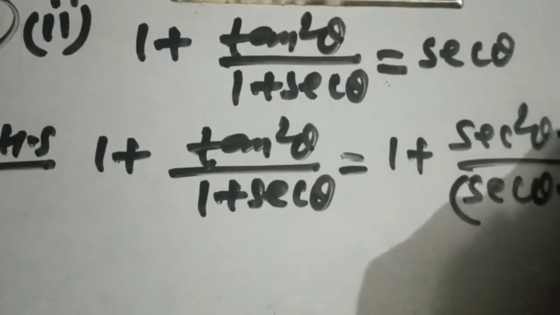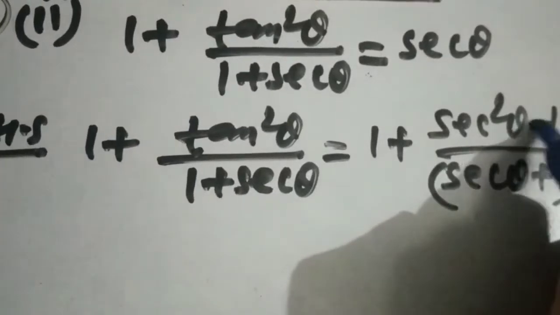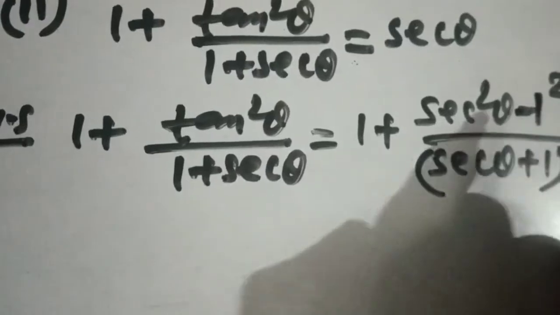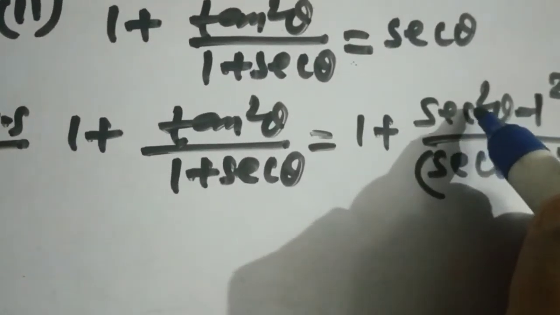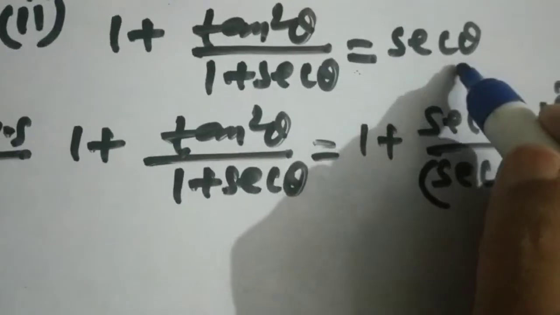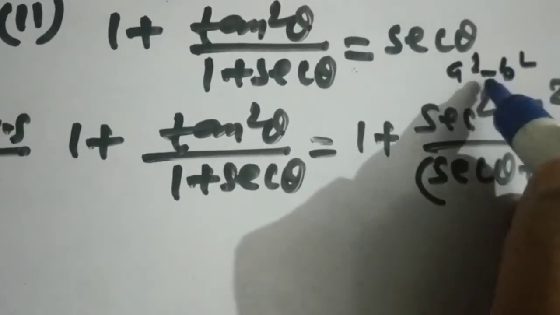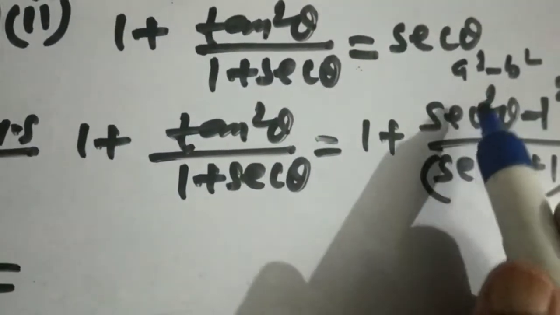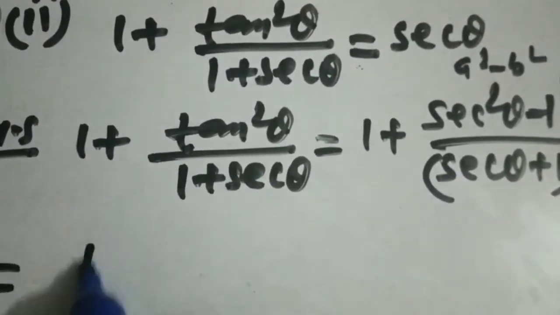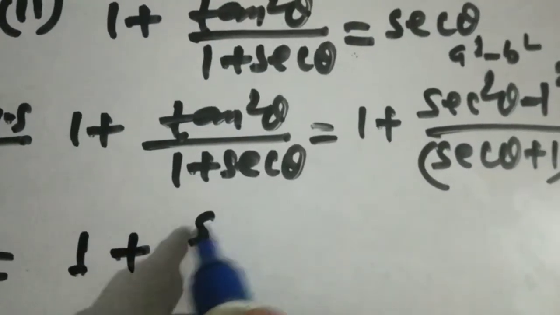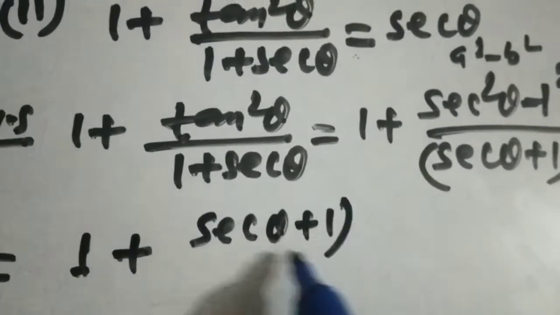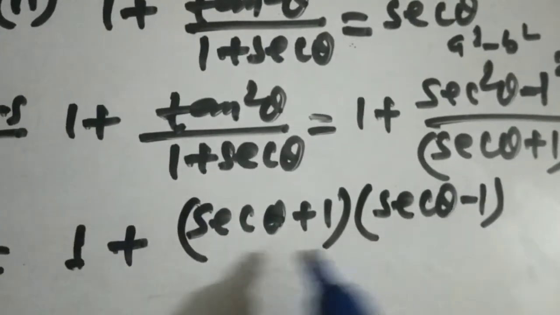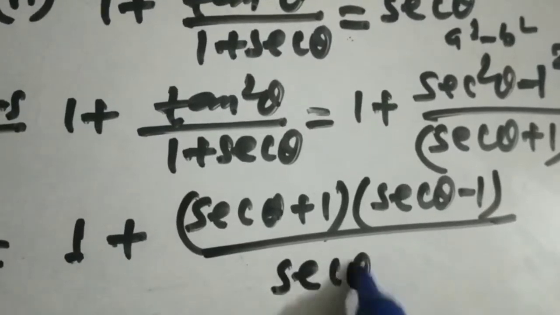Now we can take a square on 1 here, because 1 square is also equal to 1, and there is already a square on sec, so it becomes a square minus b square. A square minus b square is equal to (a plus b)(a minus b). So here will be (sec theta plus 1) and (sec theta minus 1) upon sec theta plus 1.